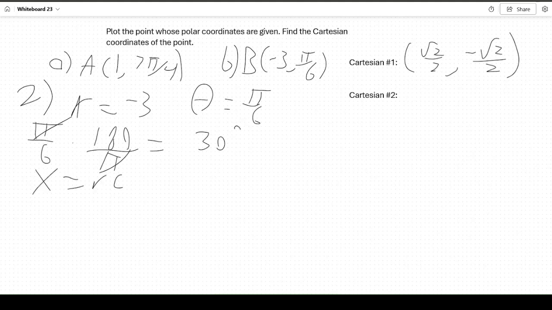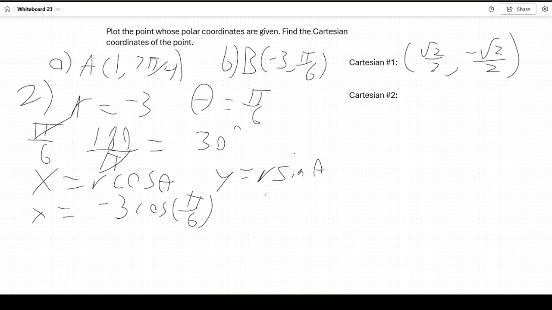Now we're gonna plug in our x and y functions from the equation table from the beginning. Now we gotta basically plug and chug, so x will be negative 3 cosine pi over 6, and y will be negative 3 sine pi over 6.